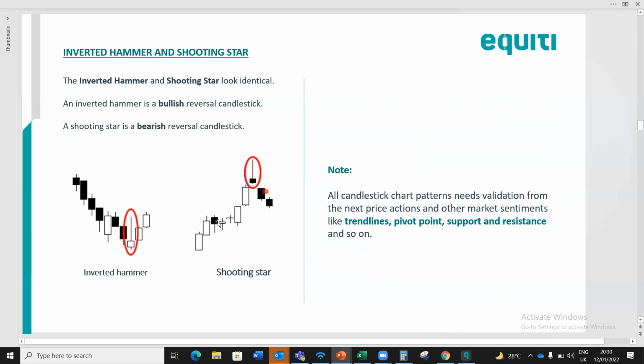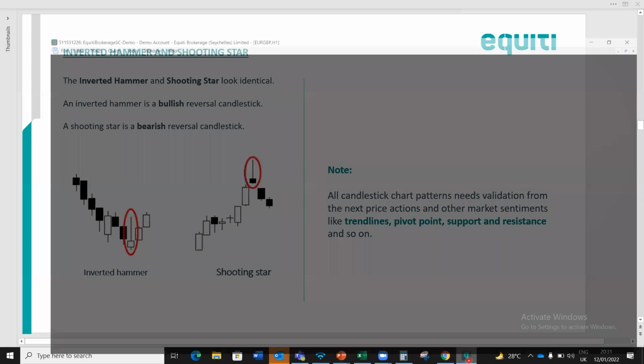Candlesticks in themselves are good, but using the candlestick alone might not give you 100% accuracy, and that's why, when you find the signals that candlesticks generate, try to validate those signals using your idea on trend lines, pivot points, and support and resistance. I'm going to be teaching you trend lines, pivot points, and also support and resistance, of which I've talked about support and resistance before now.